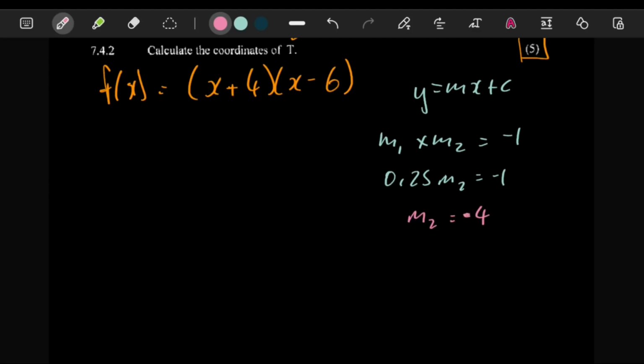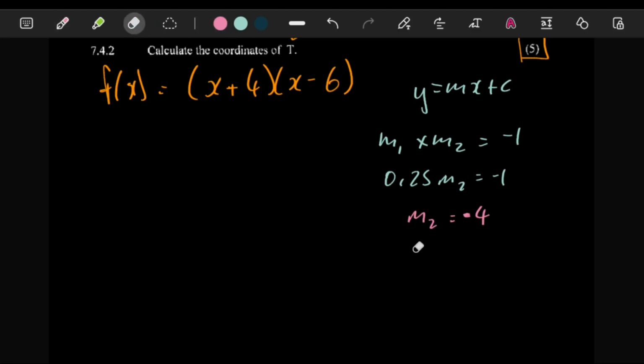What else? So here, therefore y is equal to negative 4x plus c. For the y-intercept, we don't know. We don't need this equation, actually.